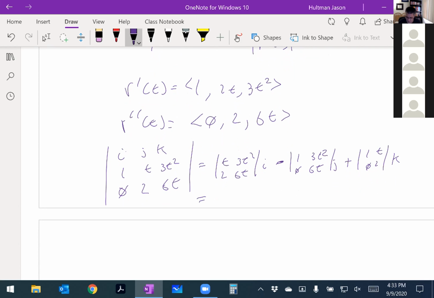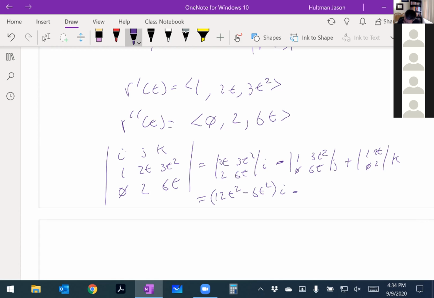Professor, isn't it supposed to be 2t and not t under j? Oh yeah, thank you. Good. This is 2t. So 12t squared minus 6t squared, i.